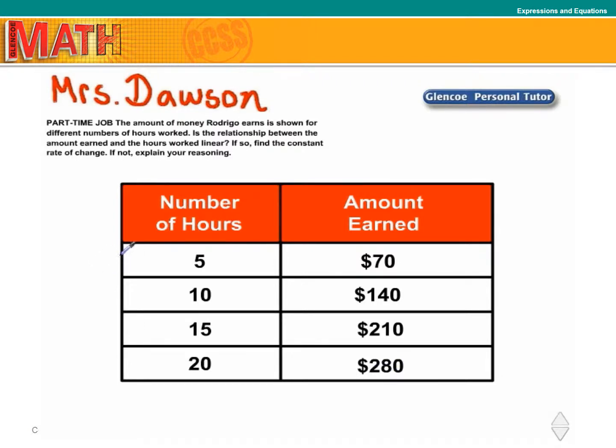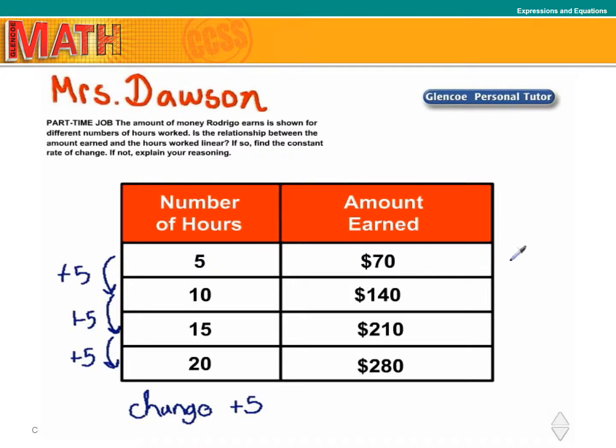The number of hours increased by 5 each time in our table. So our change in the number of hours is plus 5, or a positive 5.